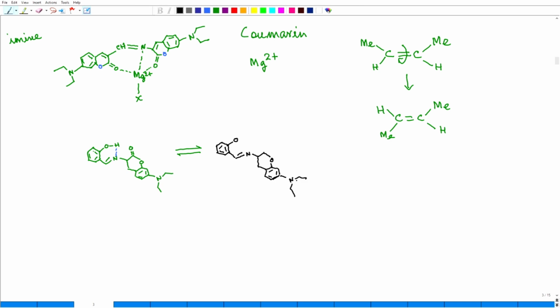So, this molecule, now look carefully at what I am doing. When I excite this coumarin, the hydrogen transfers from oxygen to nitrogen.